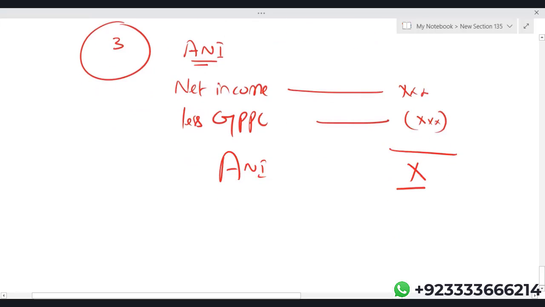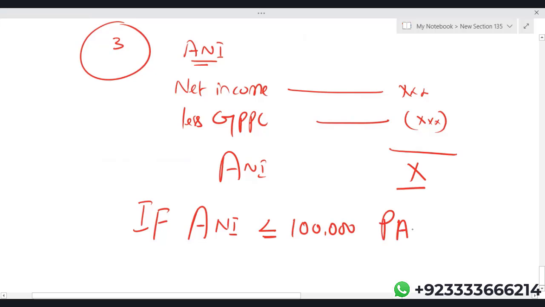Now, what is the importance of adjusted net income? If adjusted net income is less than or equal to 100,000, then the entire personal allowance of 12,570 is available.